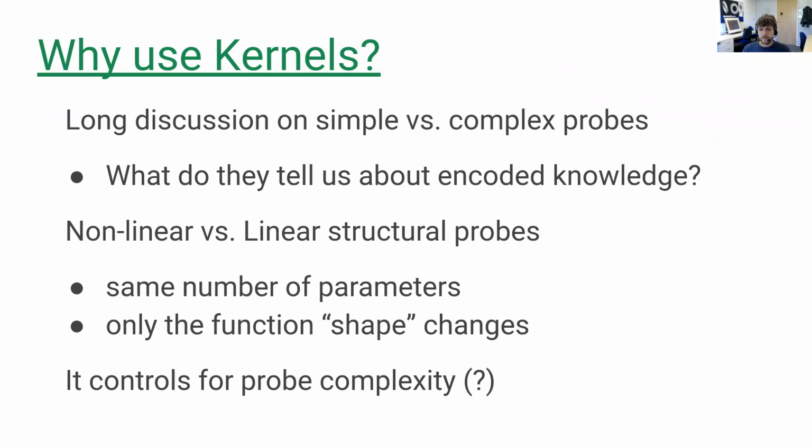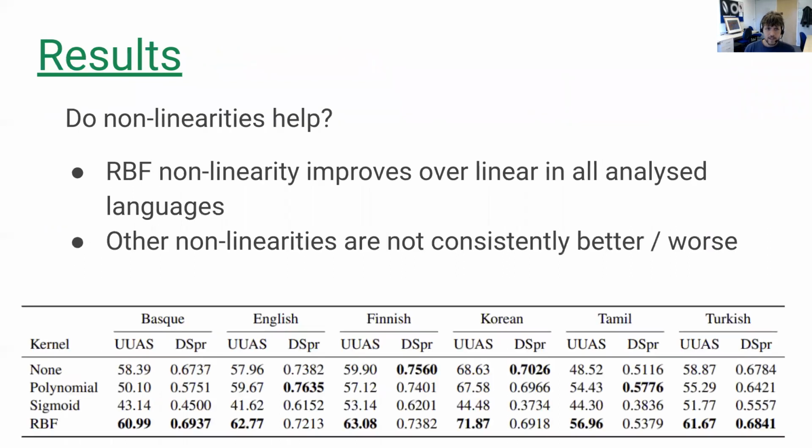So it controls for probe complexity up to some point. Like you can argue that this non-linearity introduces complexity, but we'll assume that number of parameters controls for probe complexity perfectly in our analysis. So let's dive into our results.